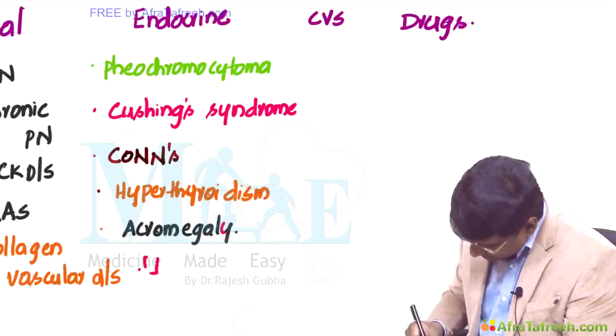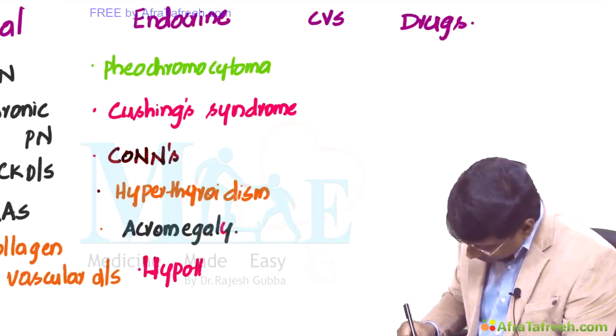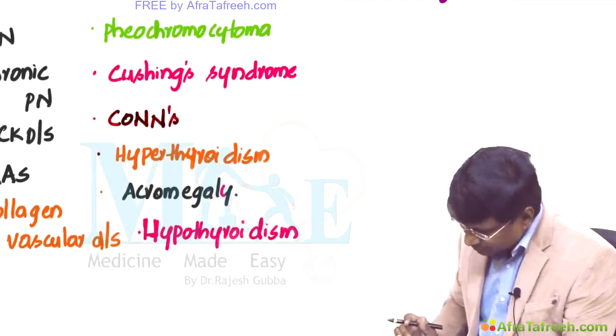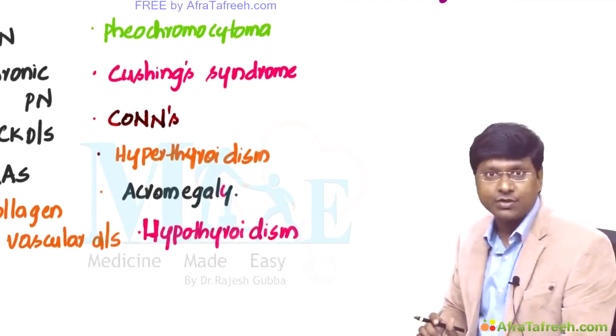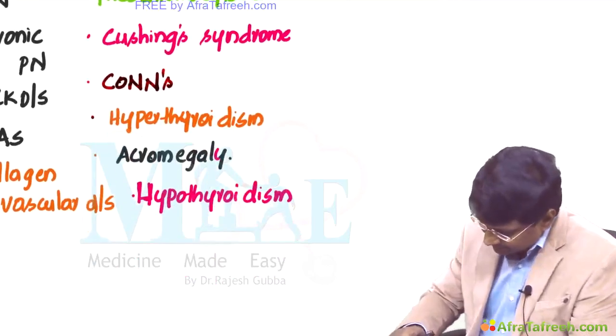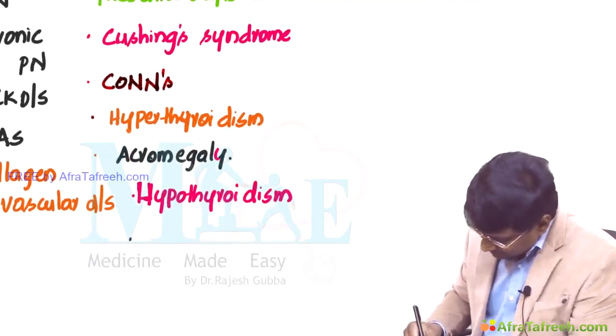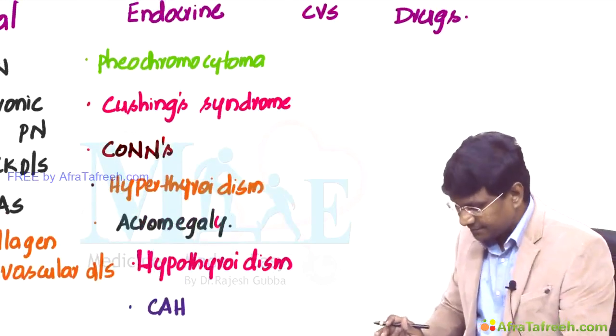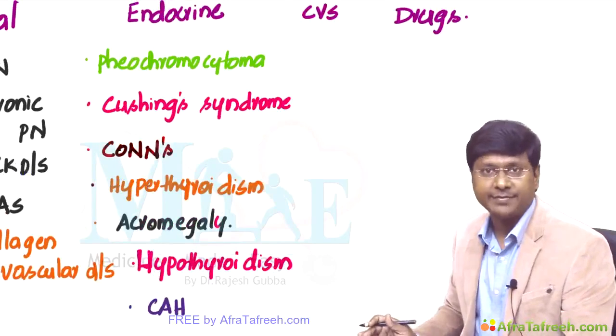Hypothyroidism is another endocrine disorder where the individual can have diastolic hypertension. Next, lastly, we have congenital adrenal hyperplasia. Even patients with congenital adrenal hyperplasia can have hypertension.